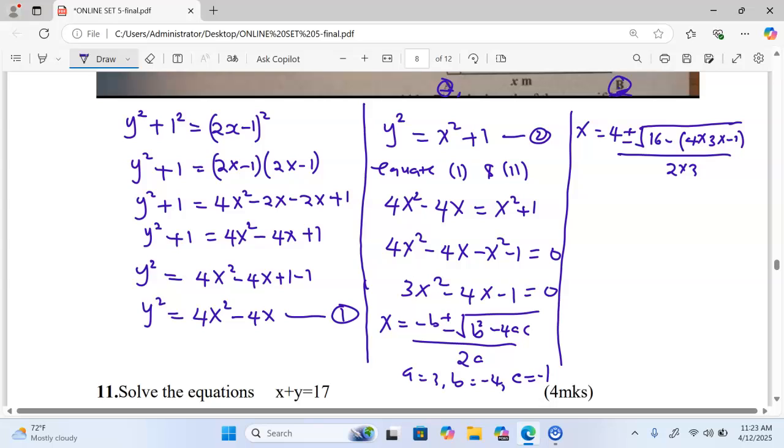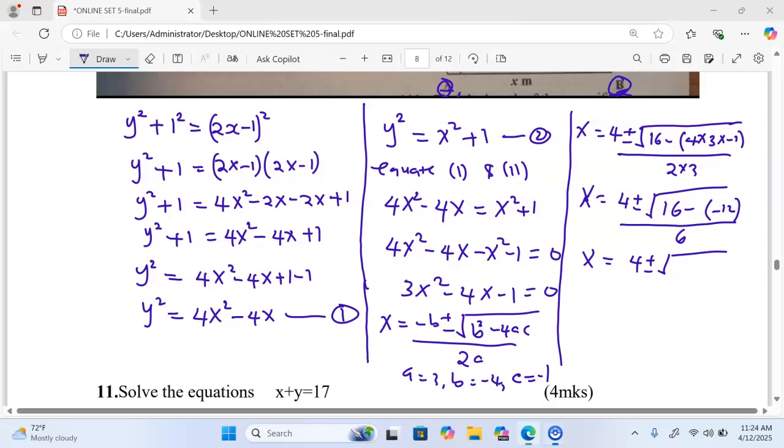X is going to be equal to 4 plus or minus the square root of 16 minus 4 times 3 is 12 times -1, you get -12. You divide by 6. So x is equal to 4 plus or minus the square root of 16 minus -12, which will give us positive 28, divided by 6.